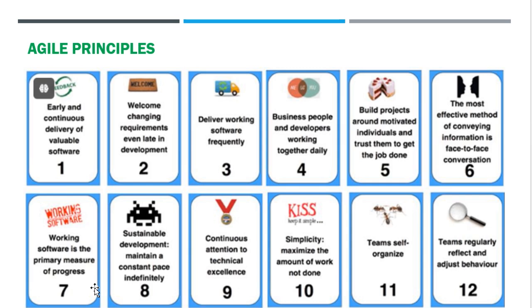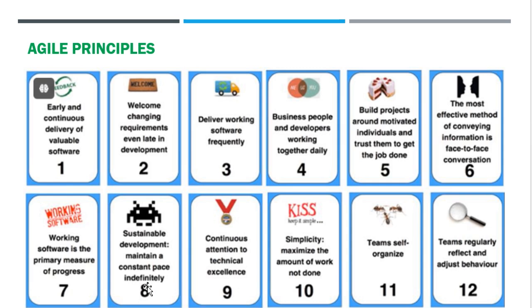Similarly, an agile team avoids burnout by maintaining a steady, sustainable work pace. They don't push for extreme overtime to meet deadlines, ensuring that the team remains productive and motivated over the long term. That is all about the 8th principle.